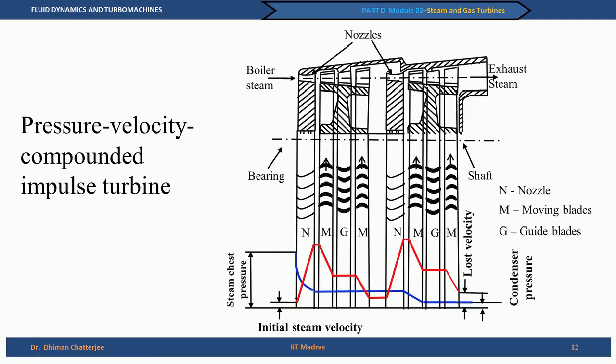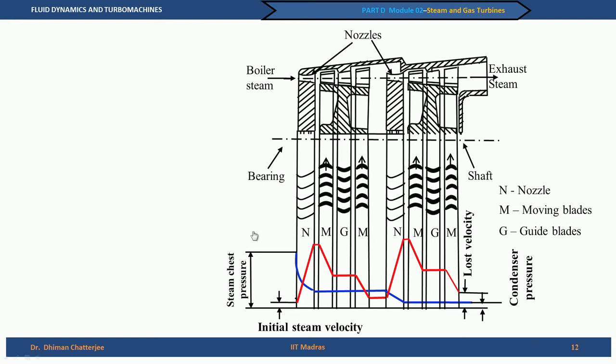Then we start this process again. We have a second set of nozzles, and then the moving blade, the guide blade, and again the moving blade. So, you see here the pressure reduces in the first set of nozzles, then remains constant, and then again reduces in the second set of nozzles and then remains constant and goes to the condenser pressure.